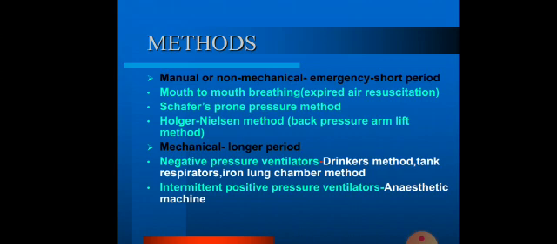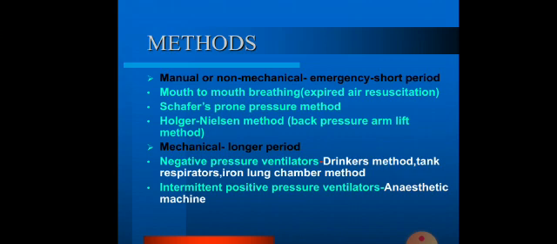Now let's go to the mechanical artificial respiration, which is normally given for a longer period of time. For that you use either negative pressure ventilators or the intermittent positive pressure ventilators. In the negative pressure ventilators we have the Drinker's method, the tank respirators, the iron lung chamber method. I think you need to very seriously and thoroughly remember these classifications.